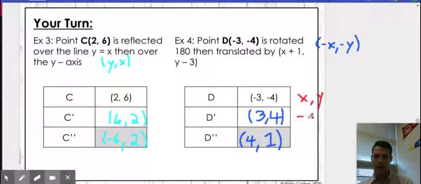And then we have our 180-degree rotation, negative x, negative y. And then lastly, we have the 4 comma 1 would basically end up being negative x plus the 1 they give us. And then we have negative y minus 3 that they gave us earlier as well.